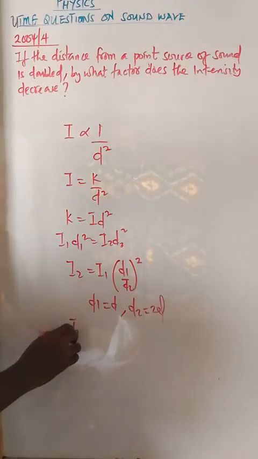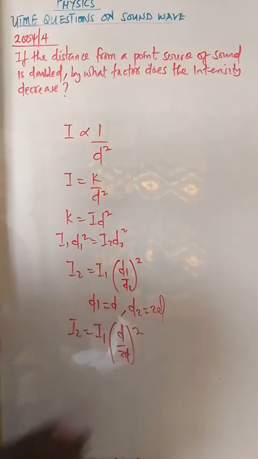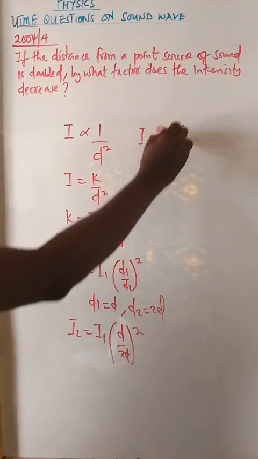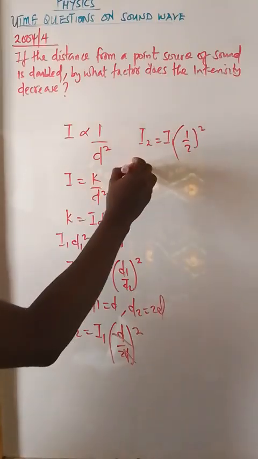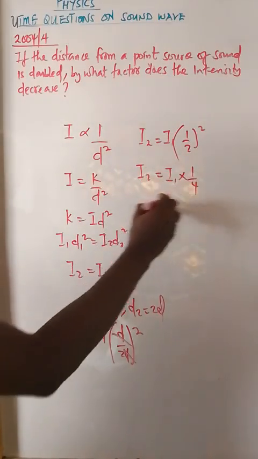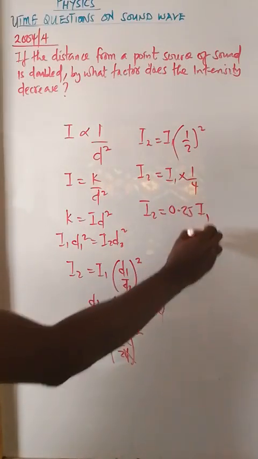So I2 equals I1 times D over 2D all squared. So I2 equals I1 times 1 over 2 all squared. Then I2 equals I1 times 1 over 4. I2 equals 0.25 I1.